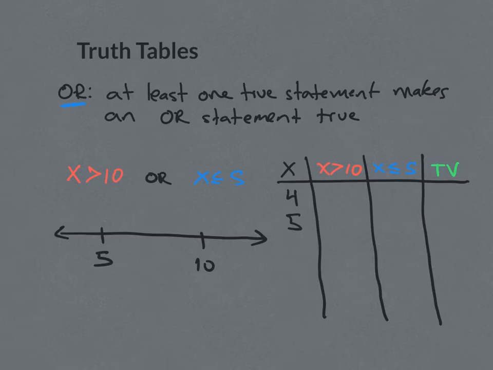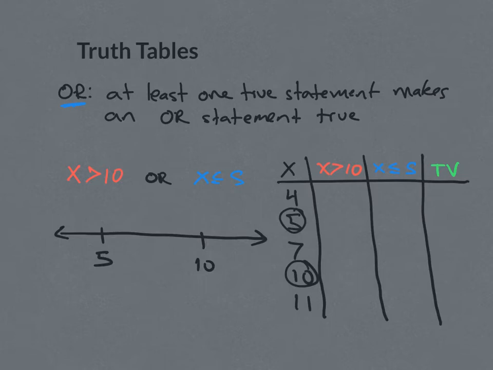Then I pick something in between 5 and 10, let's say 7. Any of those numbers would work. Then I need 10. And finally, I need something bigger than 10, so 11. Notice we have to put 5 and 10 on there because those are our tick mark values. The tick mark values are included.